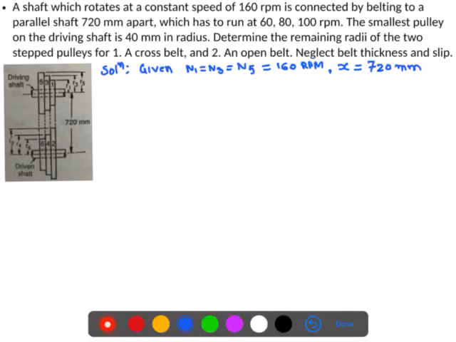Now N2 is given, that is the driven pulley, what should be the N2? 60 rpm, while N4, the fourth pulley, should run with 80 rpm, and N6 is 100 rpm.